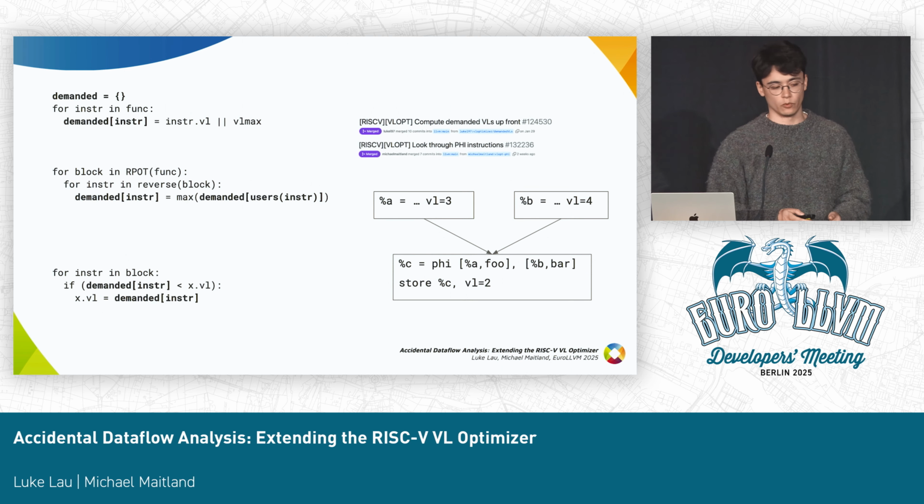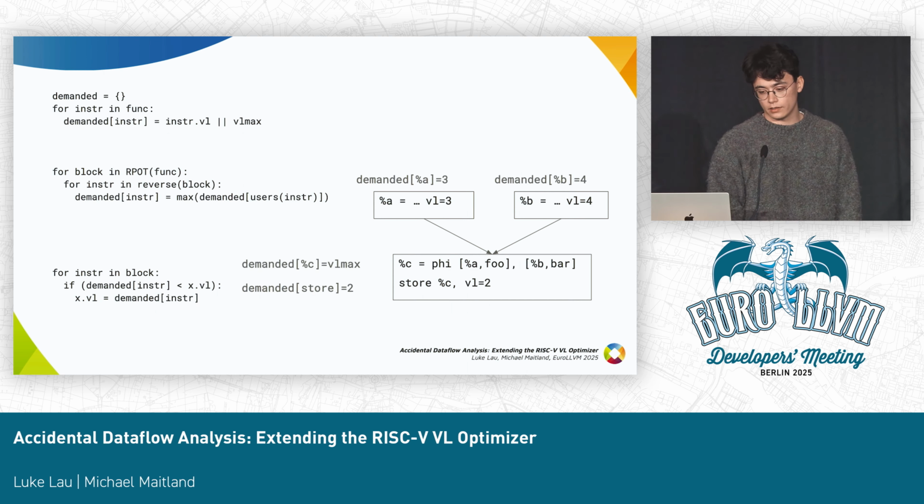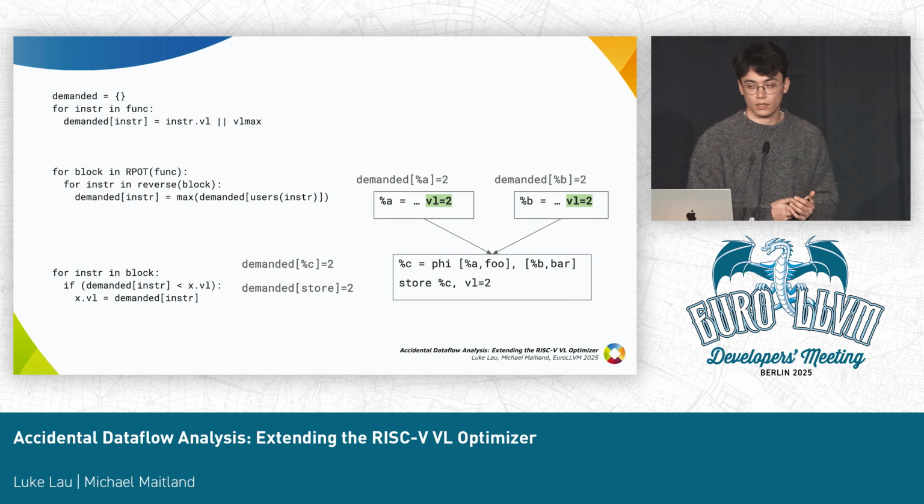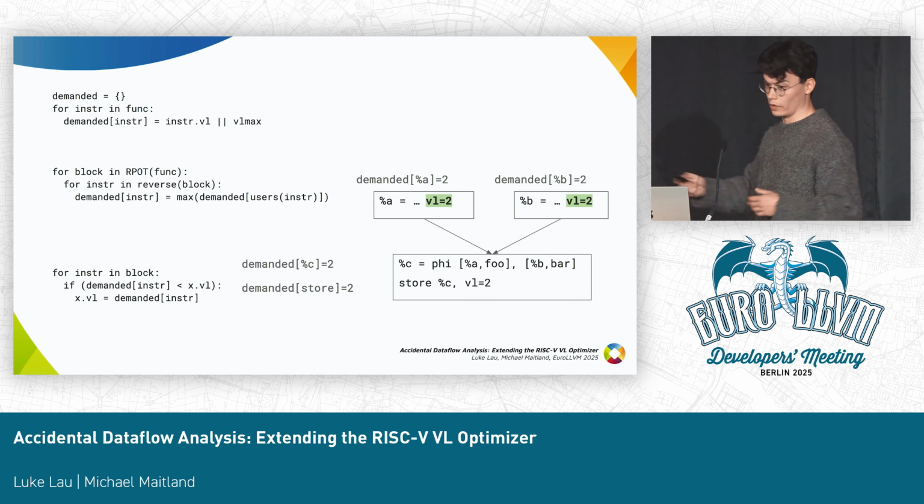And then in a separate step, we actually did the mutation, just looping over the instructions again and looking up in that map. And that meant in this case, whenever we reached the phi node, we were able to reduce the demanded VL in its demanded map. And then we could propagate that up to A and B, which meant that we could then, in a separate step, do the actual mutation. So we're no longer doing it in situ.